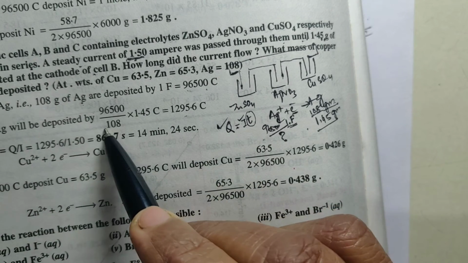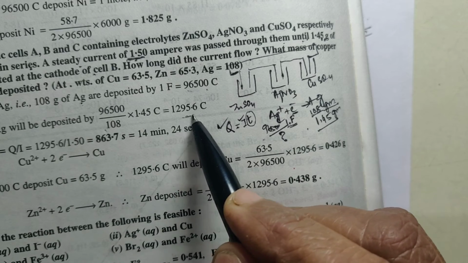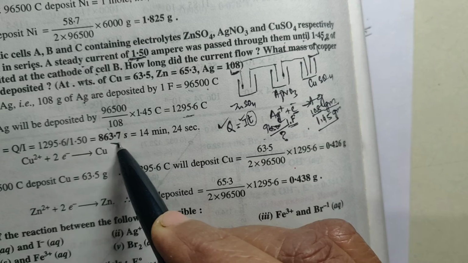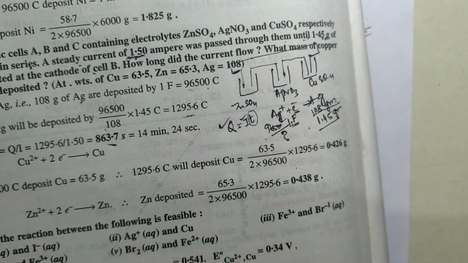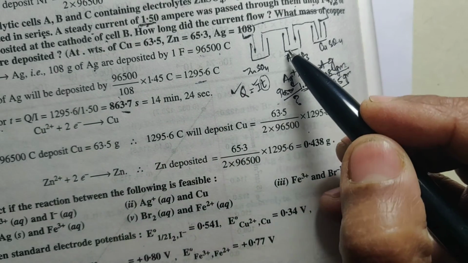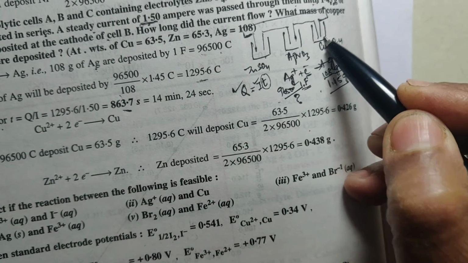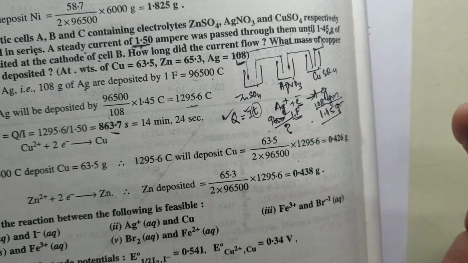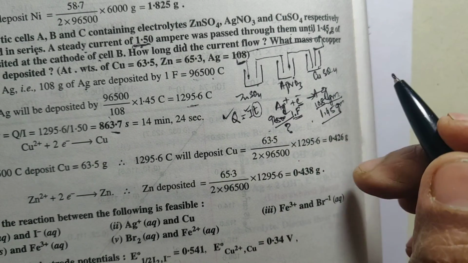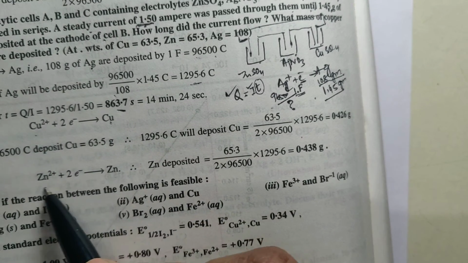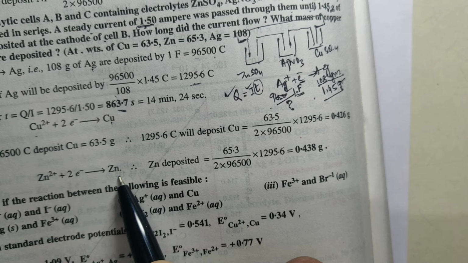He found this out, and put it in Q is equal to IT and you have got T in seconds. Now the same Q is going into this cell, this cell, this cell. In all 3 cells the same electricity is passed, is it not? The Q is same. So using the same Q, you can find out for this equation. You can also find out for this equation. Got it? It's very simple.